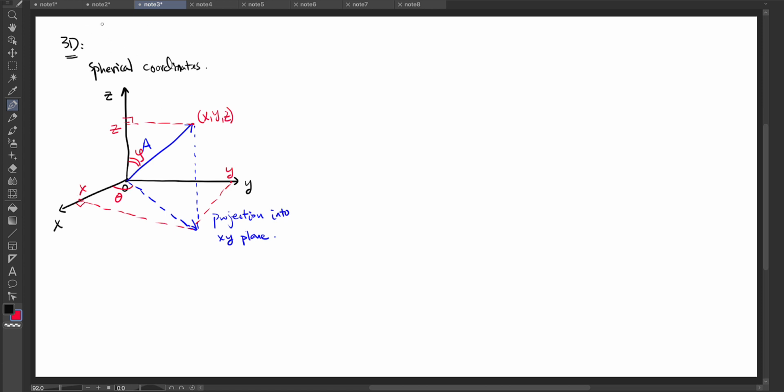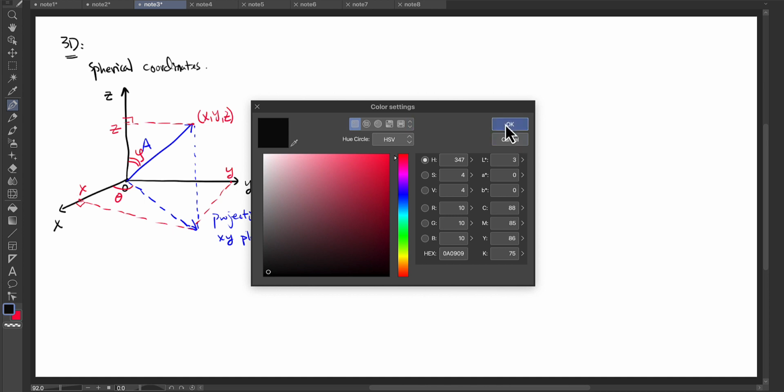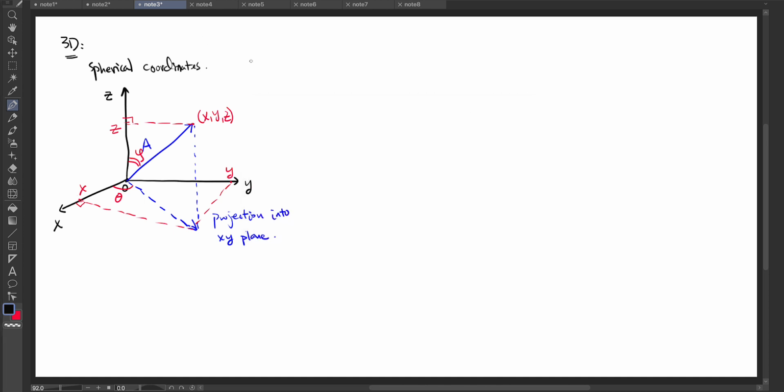So now in 3D, we can represent a vector A with magnitude A, direction theta, direction phi. So we need two angles to represent its 3D direction. Now A is still just like before, the magnitude.